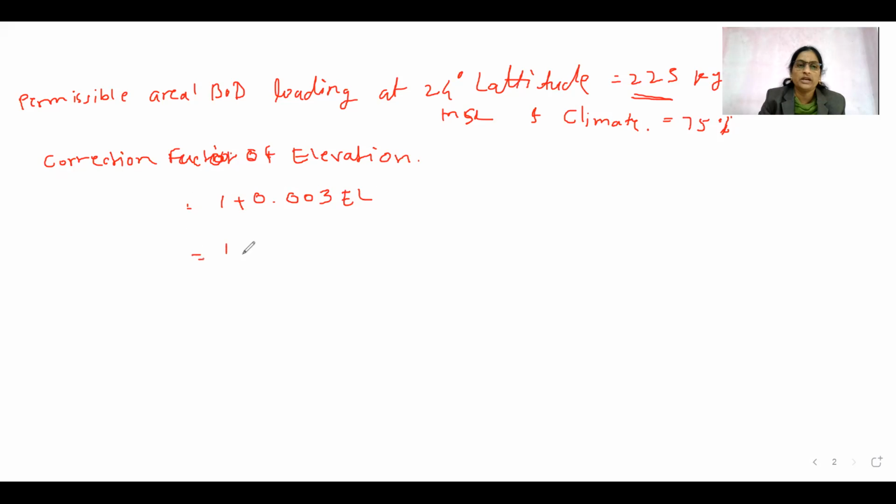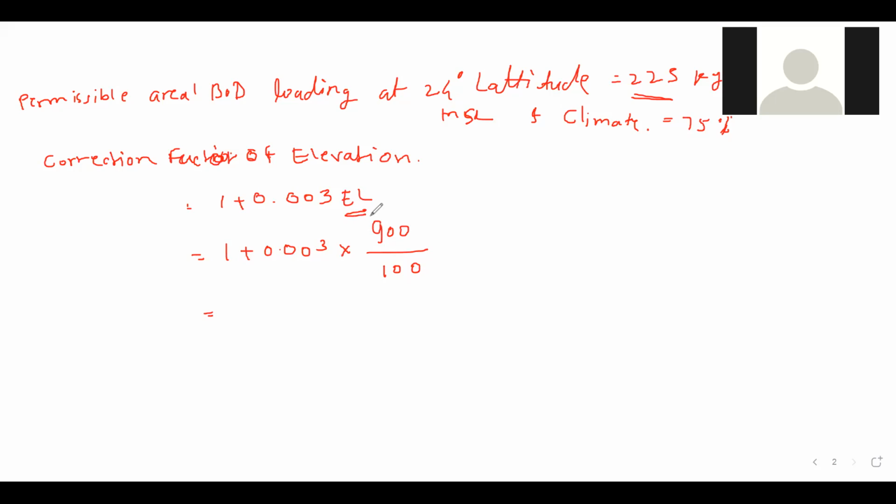So it becomes 1 plus 0.003 into EL, which is given as 900 per 100 meters, so it becomes 900 upon 100. What is the answer? Calculate it. 1 plus 0.003 into 900 upon 100, because the elevation is given to you as 900 meter per 100 meter. So the correction factor is, answer please.